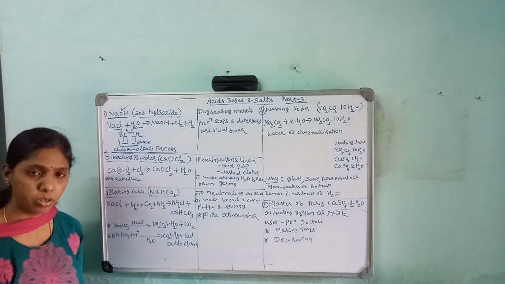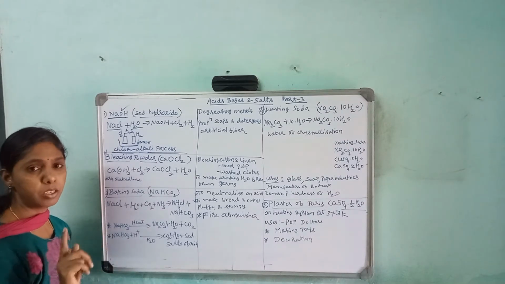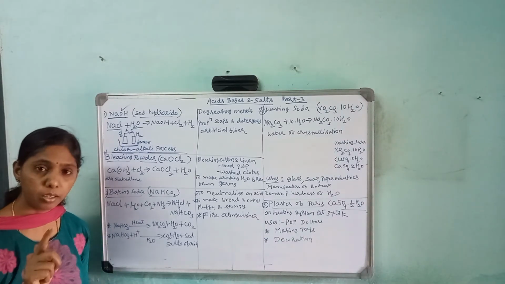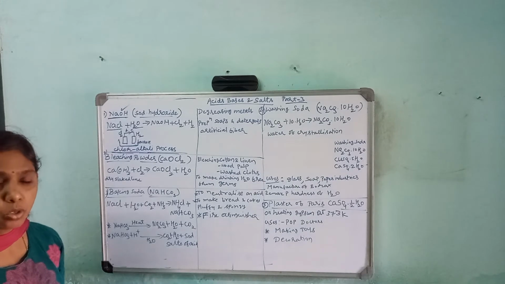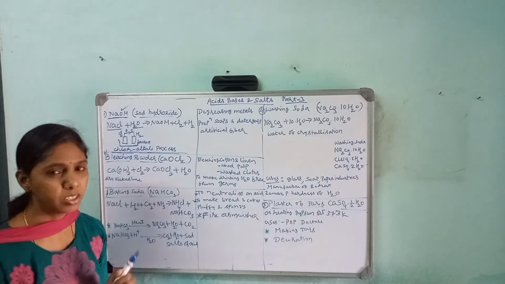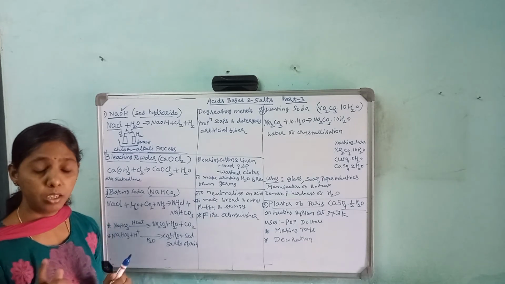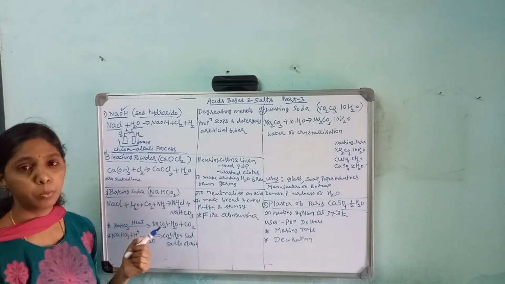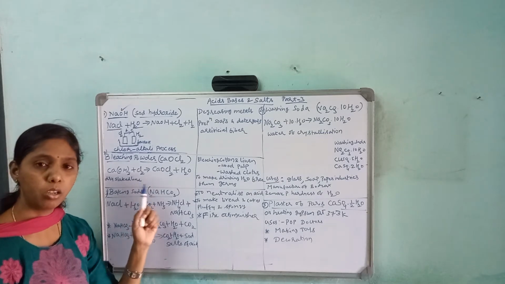Sodium chloride dissolved in water, when electric current is passed through it, gives sodium hydroxide. This method is known as the chloroalkali process.